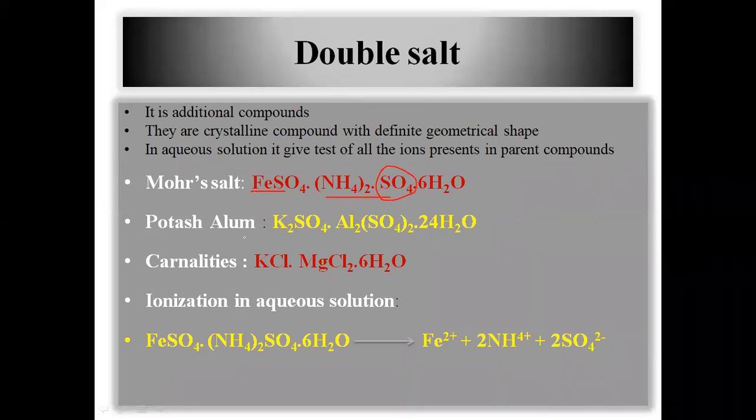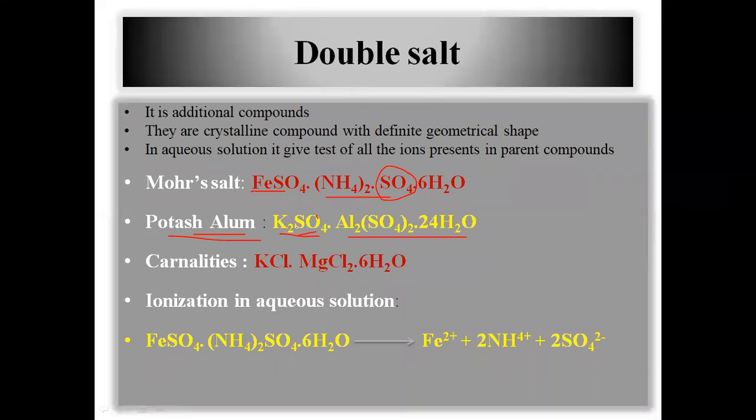Similarly, another double salt is potash alum, which contains potassium sulfate and aluminum sulfate in the hydrate form. When potash alum is dissolved in a particular solvent, it completely ionizes.